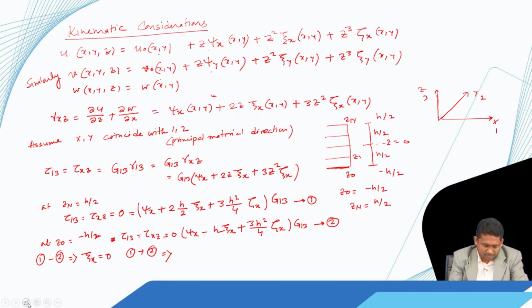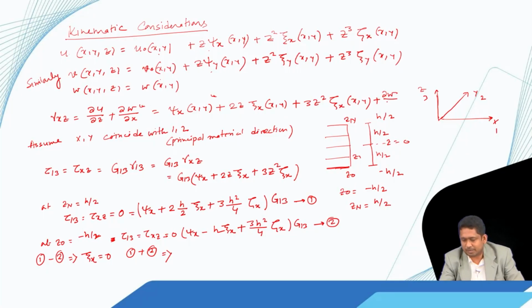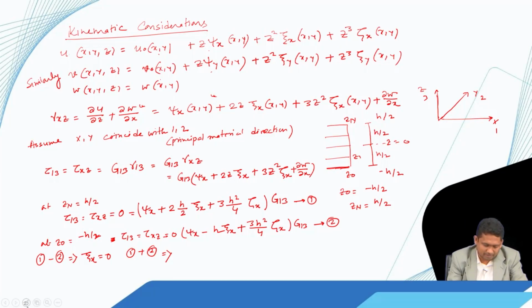Okay, w should also have been here, sorry about that. If I write the complete expression, del w by del x was missing here. So, del w by del x, and similarly here also we should have plus del w by del x.